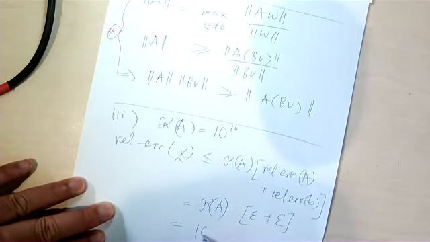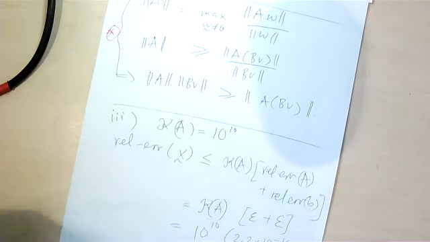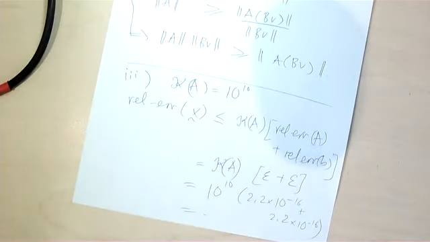And this one is 10 to the 10, and this one is about 2.2 times 10 to the minus 16. Okay, then you get some number.